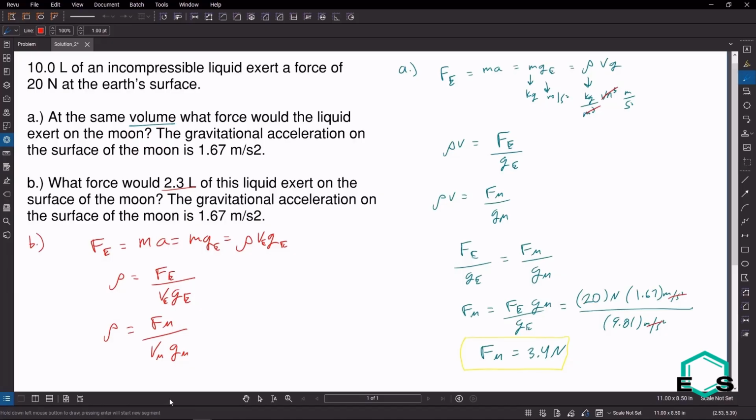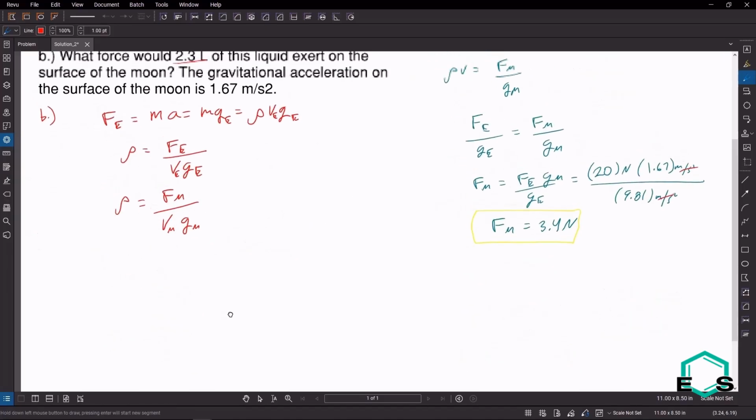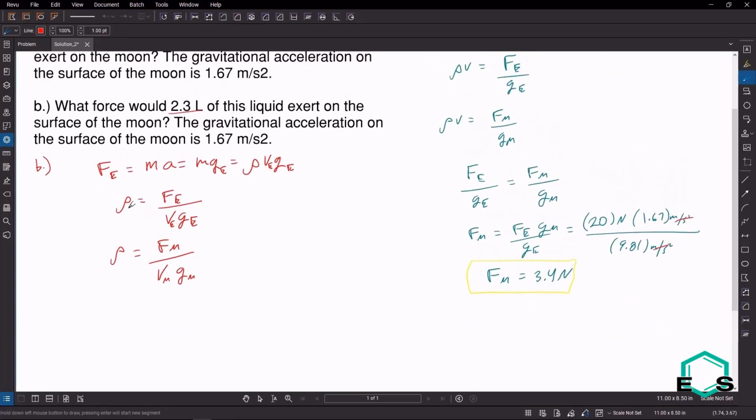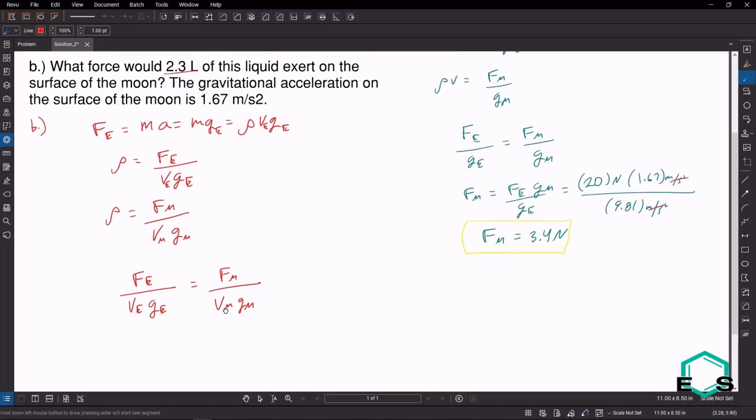These are equal, so we can set these two equations equal to each other. And then I can solve for F of m, which is the force on the moon.